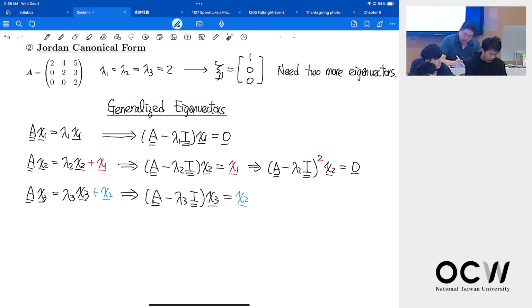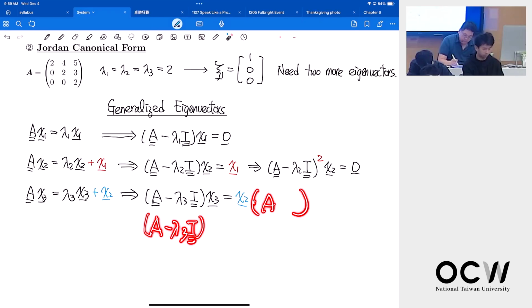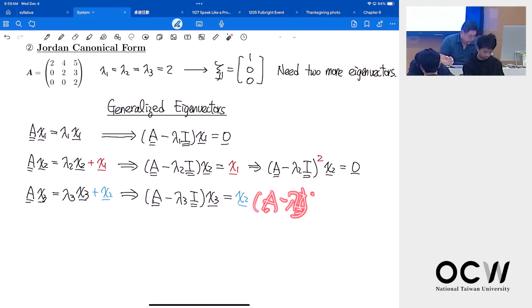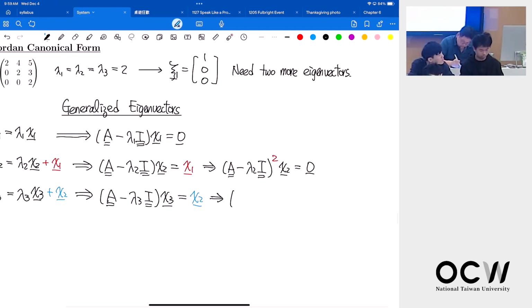And again, you multiply by A minus lambda 3 I. Then you get A minus lambda 3 I cubed times x3 equals 0 vector.